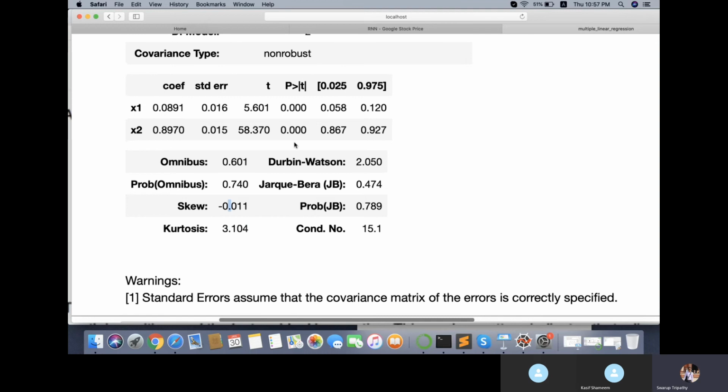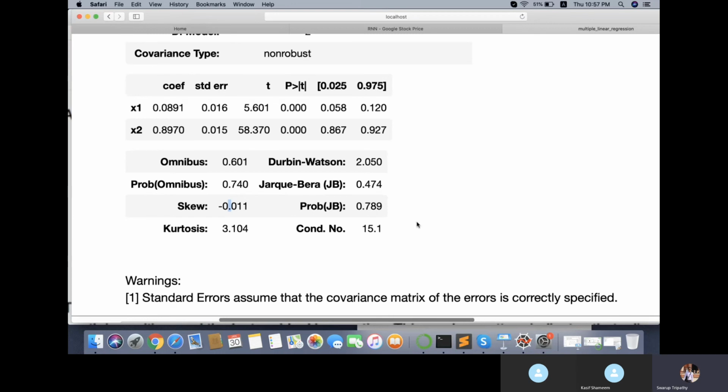Now to understand Durbin-Watson and all, we are going to that. First we'll understand certain things in regression. There is something called the 5 assumptions of regression. First we'll understand that, then we'll come back to this report and check those assumptions.